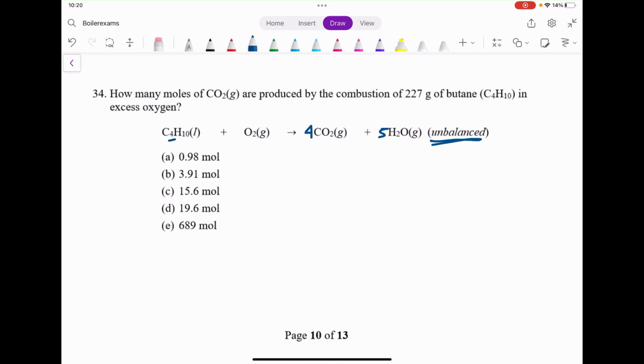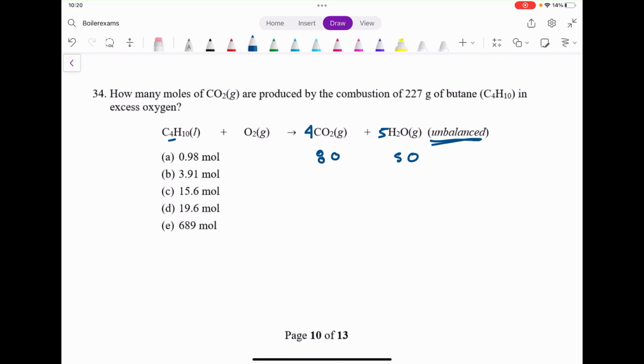I have 8 O coming from carbon dioxide, and then 5 O coming from the water. So I have 13 oxygen on the right-hand side.